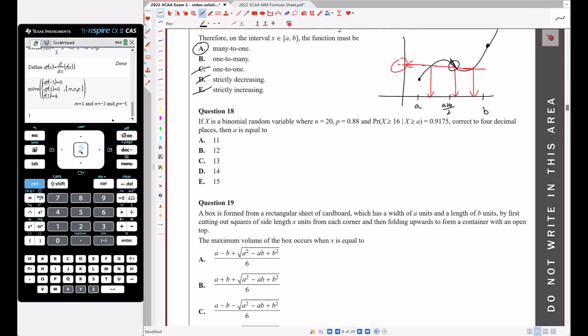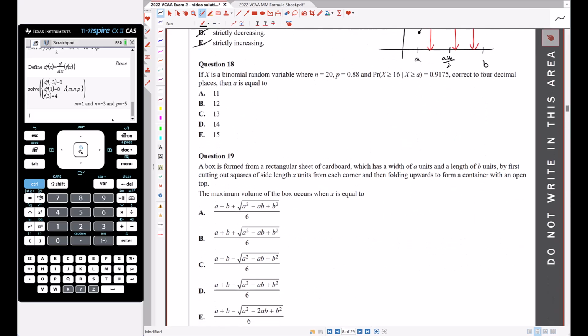Okay, question 18, so we're into the last 3 of the multiple choice. If x is a binomial random variable where n equals 20 and p equals 0.88, and that probability is that, then a is equal to. Okay, so the probability of x being bigger than or equal to 16, given that x is bigger than or equal to a, means that a definitely has to be less than 16 for this to even be a question worth asking.